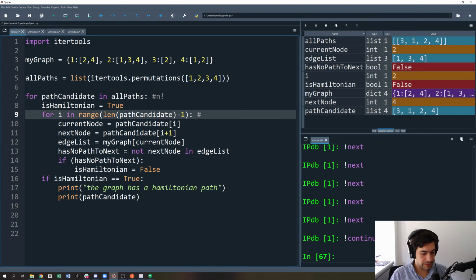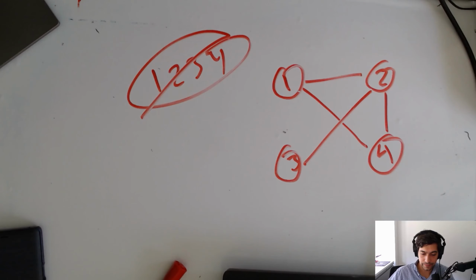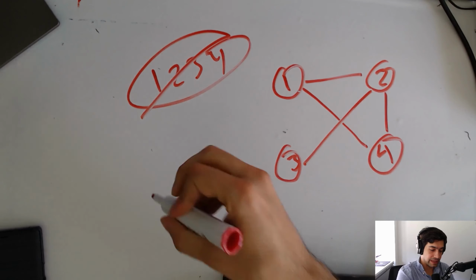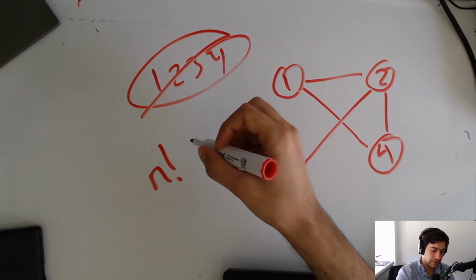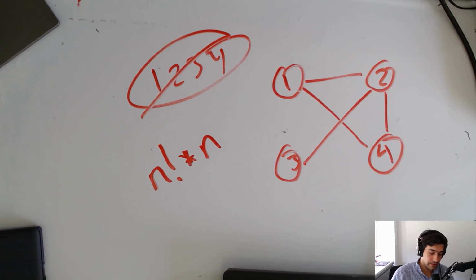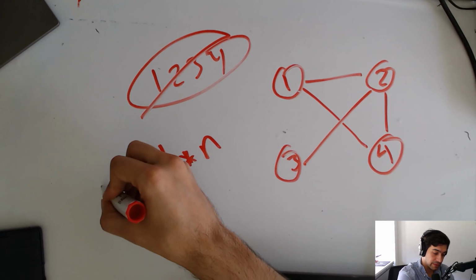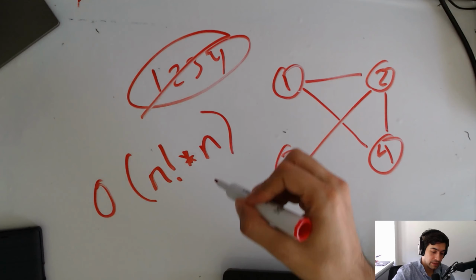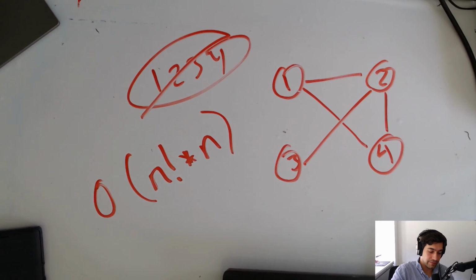And this for loop here is going to run n times, because this for loop needs to run once for every single node in the graph, because the Hamiltonian path touches every single node. So that means that this algorithm that we've written down here in code runs n factorial times n. And in terms of complexity, we can say this is O of n factorial times n.